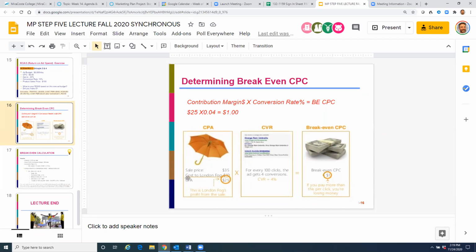It costs them $10 to make each umbrella. So your contribution margin, your gross profit, if you will, is $25 for every umbrella I sell. That's your contribution margin, your gross profit.